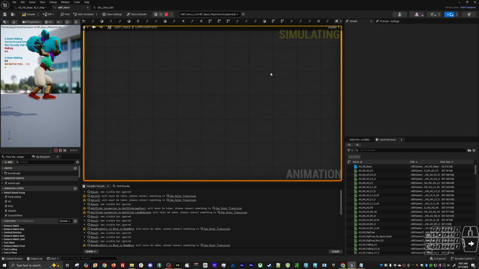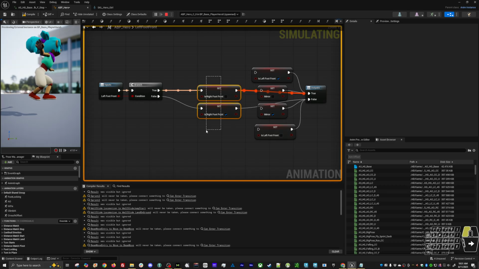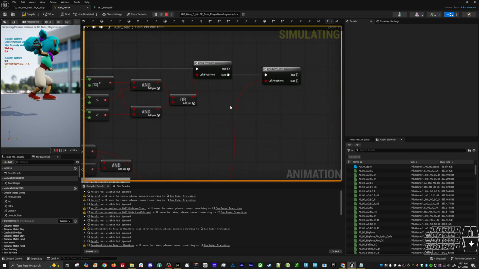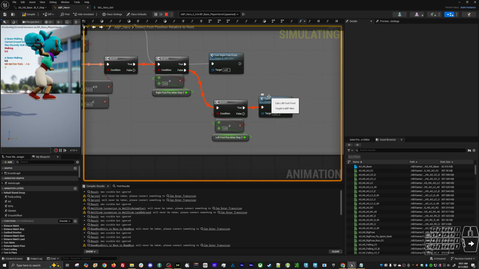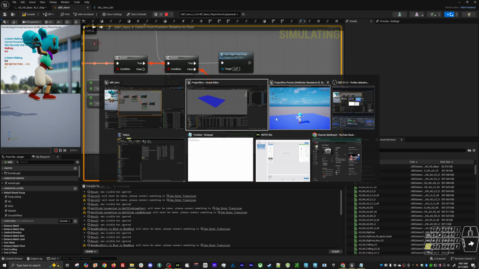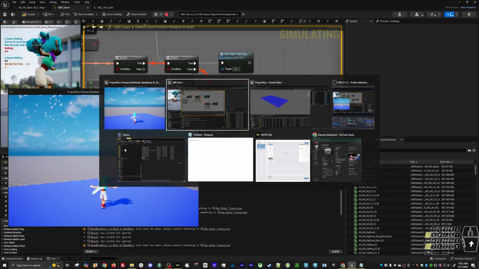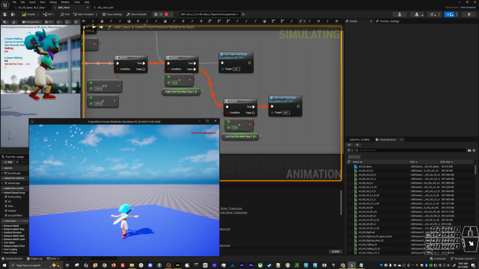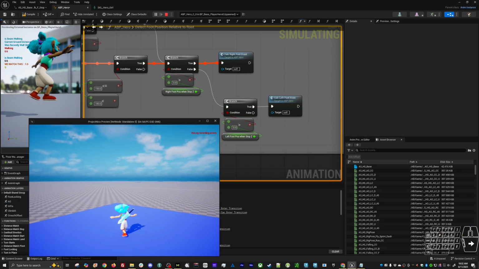And if the left foot is in front, we're just doing the opposite. Okay. We're setting our right foot bool to be false or true, depending on those two scenarios. Okay. So let's see here. So our left foot is in front. Move this down. Now our right foot's in front.